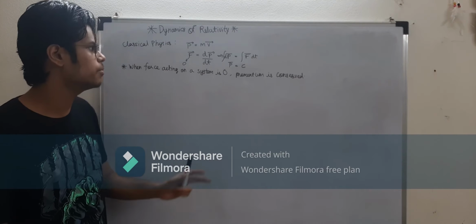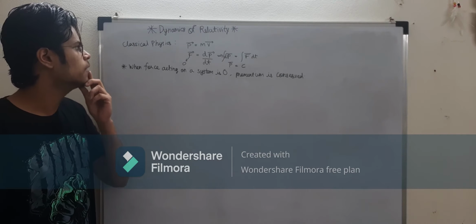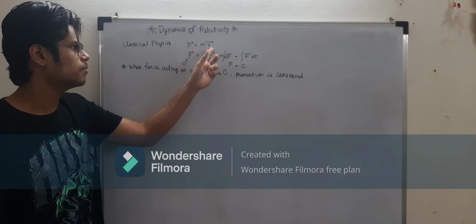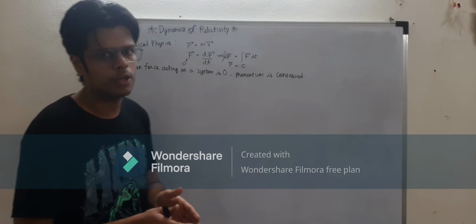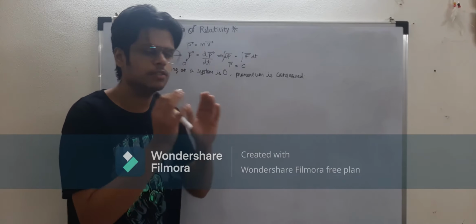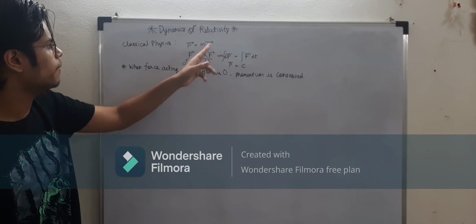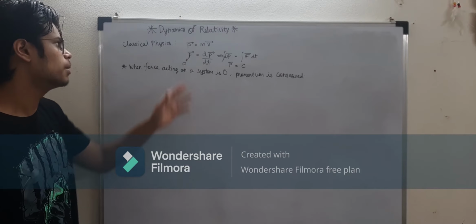Even if you move with any velocity, the laws of physics should remain the same. But in inertial frames your velocity keeps changing. Some person in another inertial frame may move with another velocity and observe the system. So velocity is changing, and mass, as stated by classical physics, is constant, but momentum should be conserved.